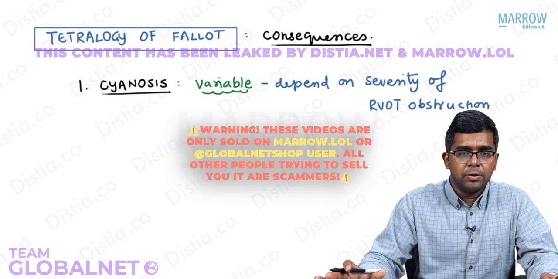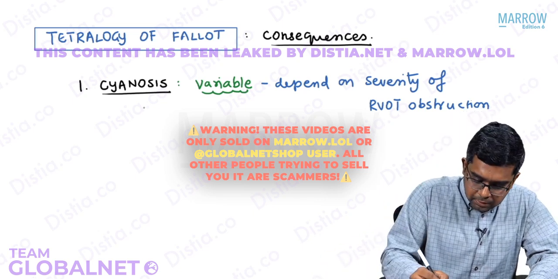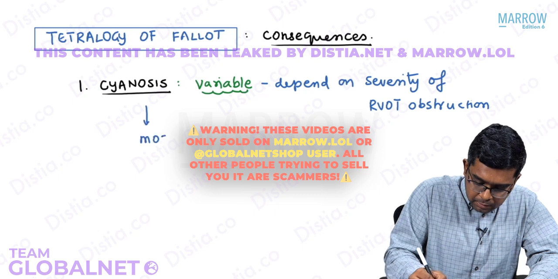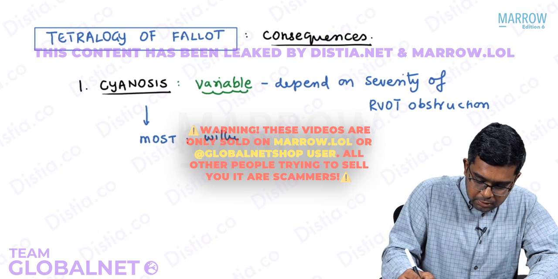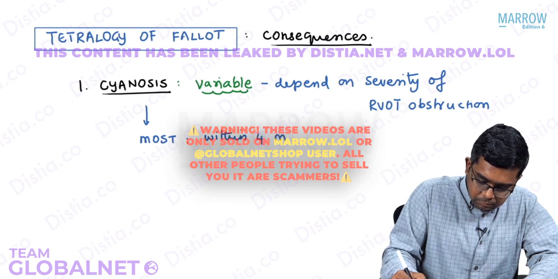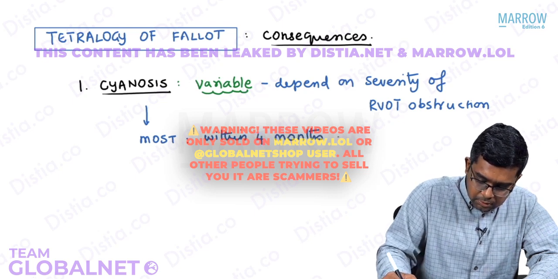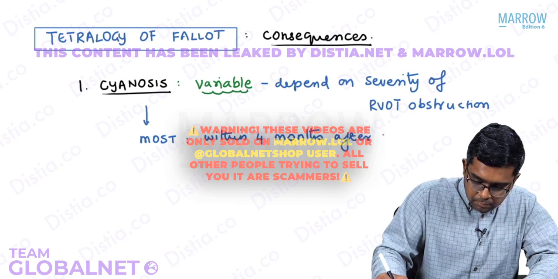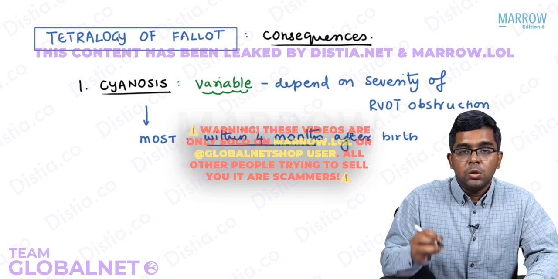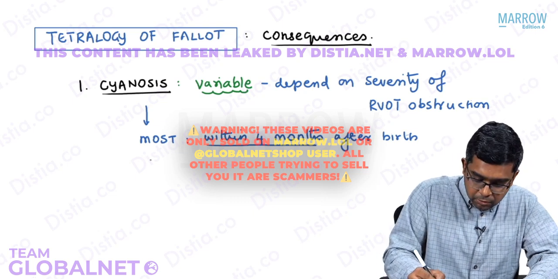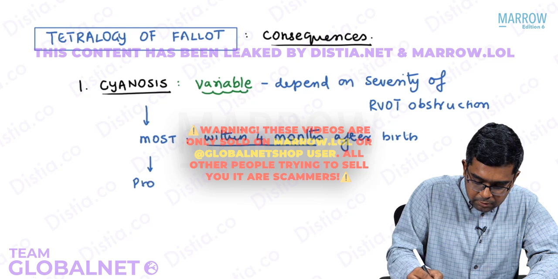But as a common point, you can remember, most of these children develop cyanosis within 4 months after birth. And another important point to be noted is, once the cyanosis develops, it is going to be progressive cyanosis.